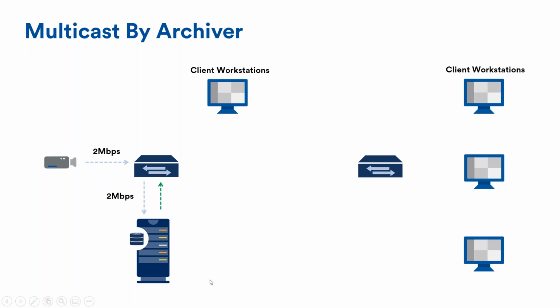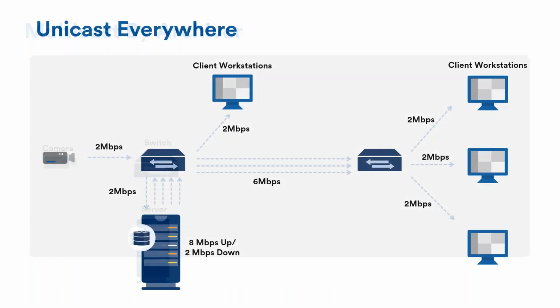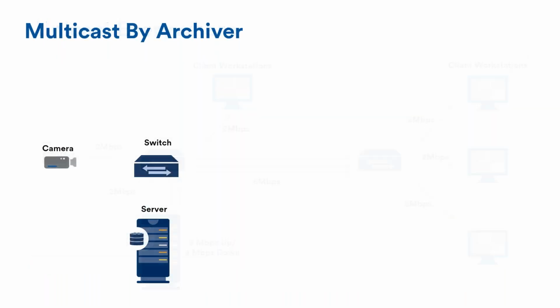Then, because the network is set to do the multicast streaming protocol and the switches support it, the archiver is going to send up a single multicast stream that's then going to be distributed by the switches. As I said before, in a Security Center system, the unicast streaming protocol is set by default.